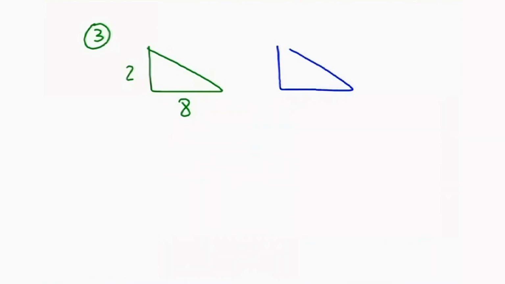And one more example, just to show you that ratios and proportions can be used in scaling and in diagrams. Let's take a look at these two triangles that are not drawn to scale. Let's say we have a side of 2 and a side of 8, and I'll omit units here to make it a little bit easier. And let's say we have a second triangle where this side is 5 and this side is unknown.